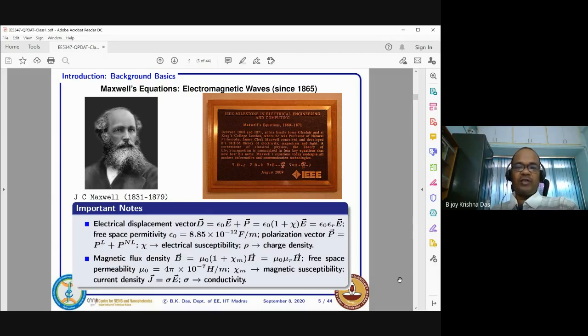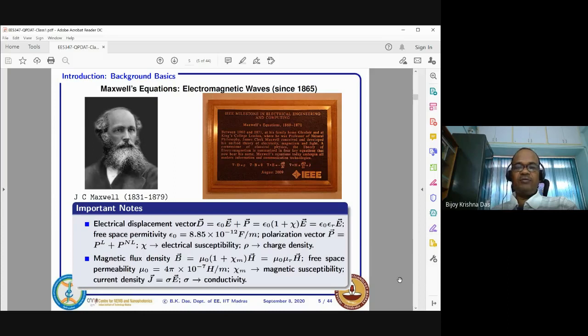From Maxwell's equations, we understand light as an electromagnetic wave, and from that you can also easily move into the quantum aspects of photons. Whatever properties you explain in the electromagnetic wave or light wave, all sorts of classical phenomena like diffraction, interference, and polarization, you can explain from these equations.